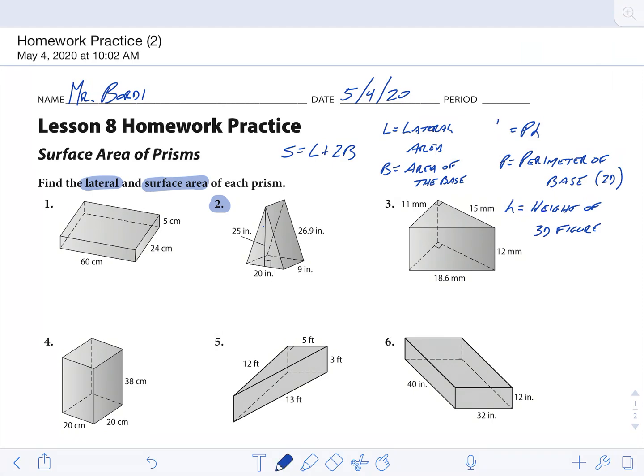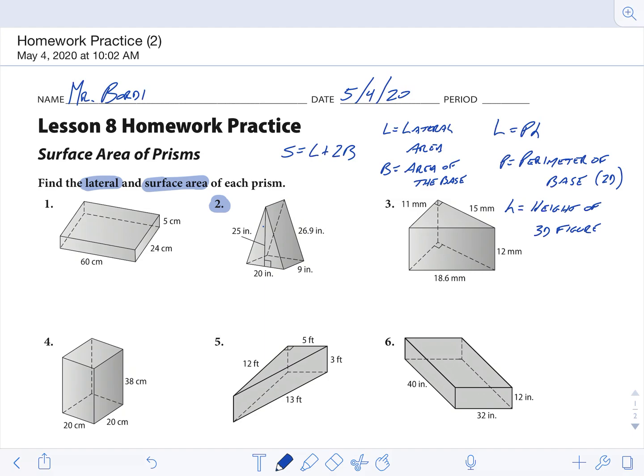I wrote down the formula. So surface area S equals capital L plus 2B, where L stands for the lateral area and the capital B stands for the area of the base. To figure out what the lateral area is, imagine that the bases are the ceiling and the floor of your room.